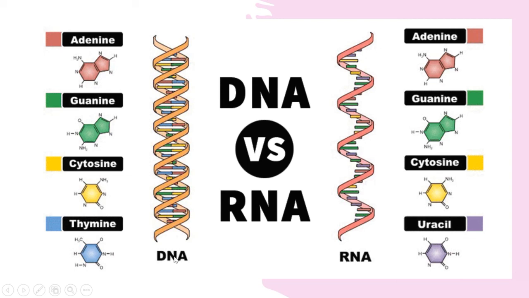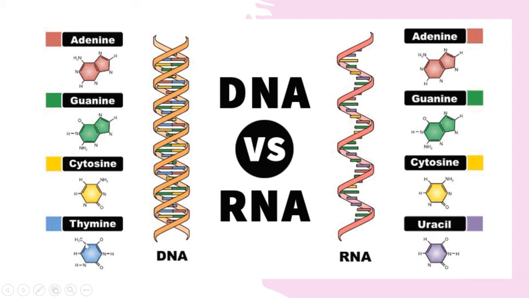For the DNA, the nitrogenous bases consist of adenine, guanine, cytosine, and thymine. Whereas for the RNA, the nitrogenous bases consist of adenine, guanine, same as the DNA, cytosine, but it will be different for the last one, which is uracil. The nitrogenous base for the RNA is uracil, not thymine.